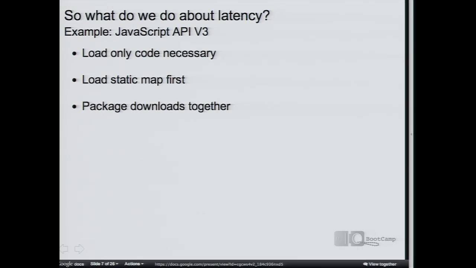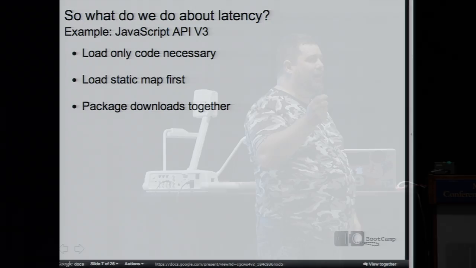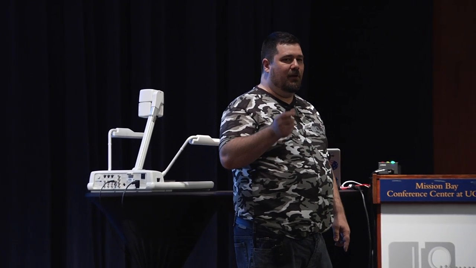And then the other one, and this one actually surprised us quite a bit, is package your downloads together. The greatest determinant, actually, of how long something took to load was how many files were downloaded. It was a much greater determinant than the actual size of the downloads.